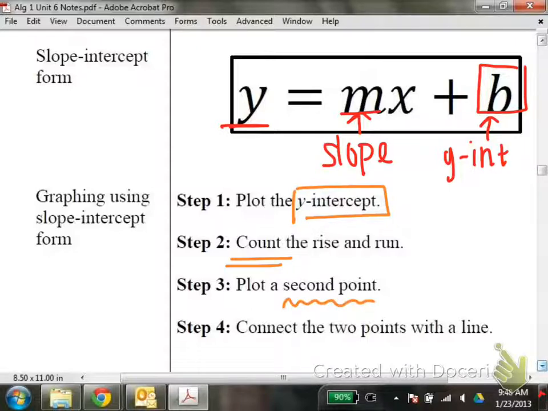Counting the rise and run, you are starting from the first point, not from 0. A couple of people always forget and plot from 0. So you plot the y-intercept, count the rise and run, plot a second point, and connect the 2 points with a line.